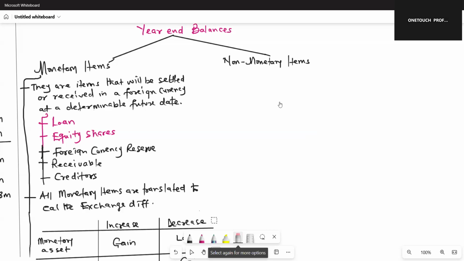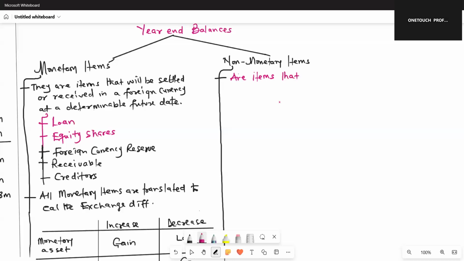So now let's look at the non-monetary items. The standard says that non-monetary items are items that are not monetary.